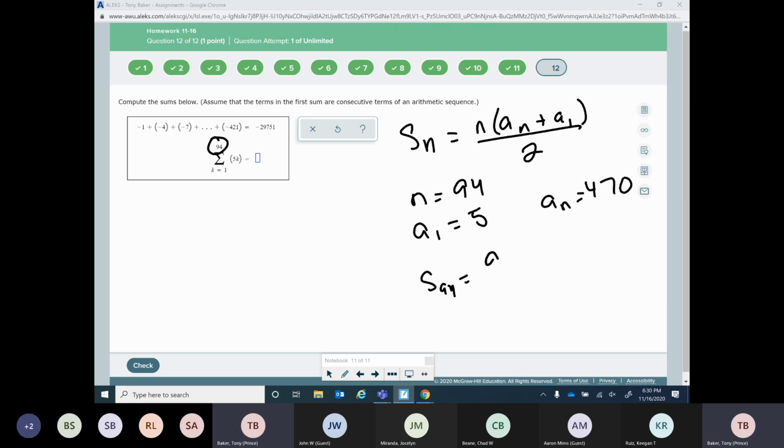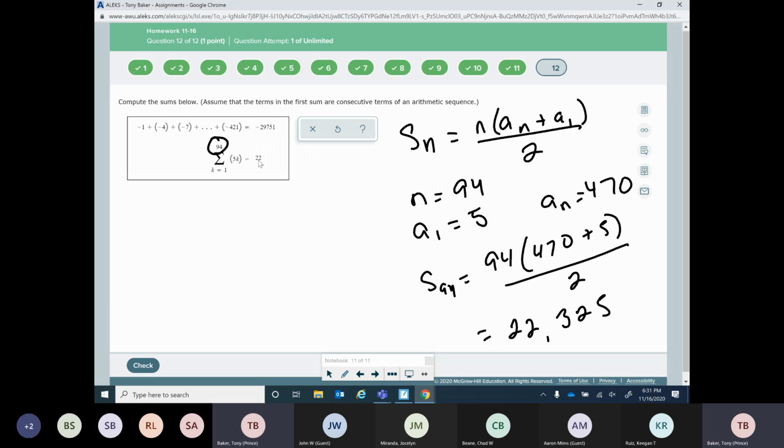So the sum of the first 94 is 94 times 470 plus 5 divided by 2. And I get 22,325 as my final answer.